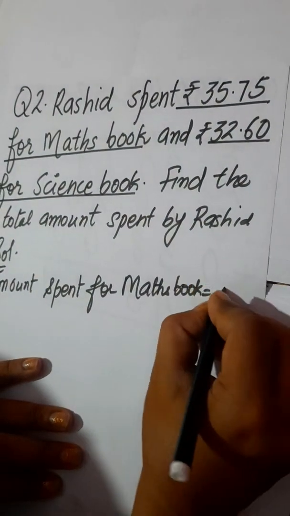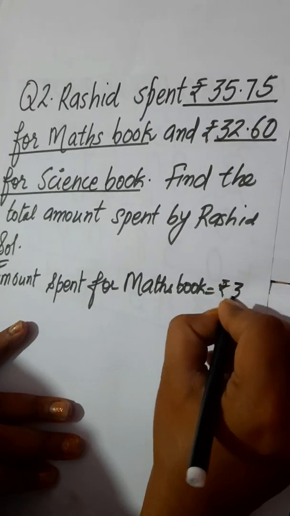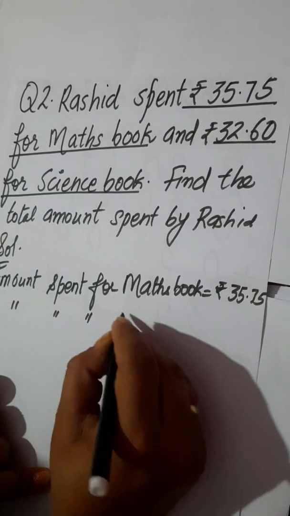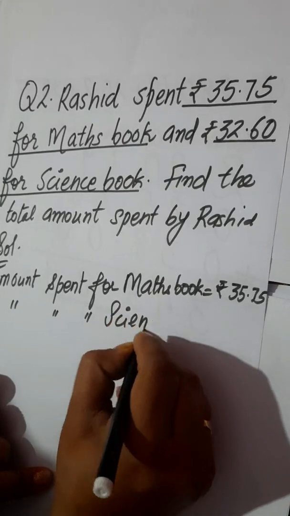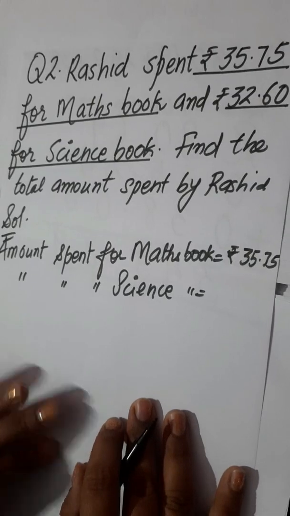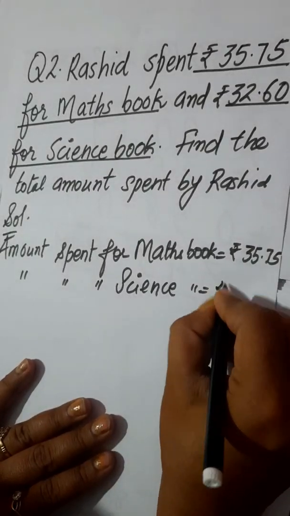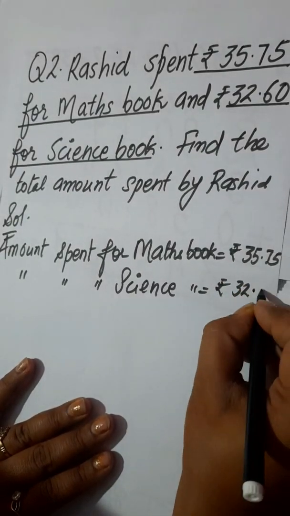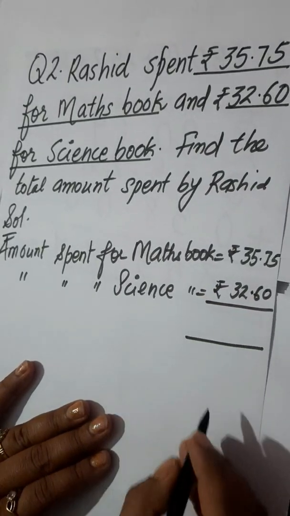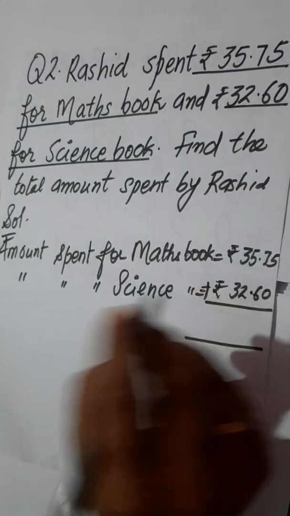So here I will write rupees 35.75. The amount spent for science book is rupees 32 rupees 60 paise. Now you have to just add.